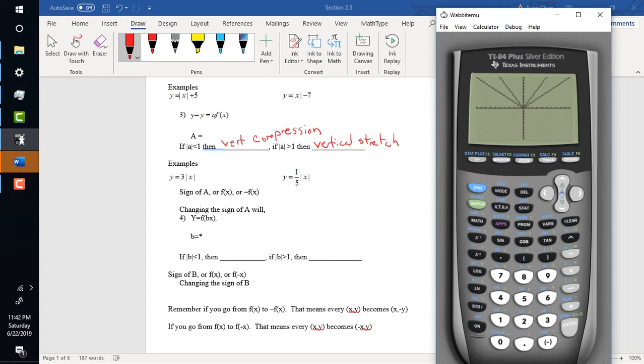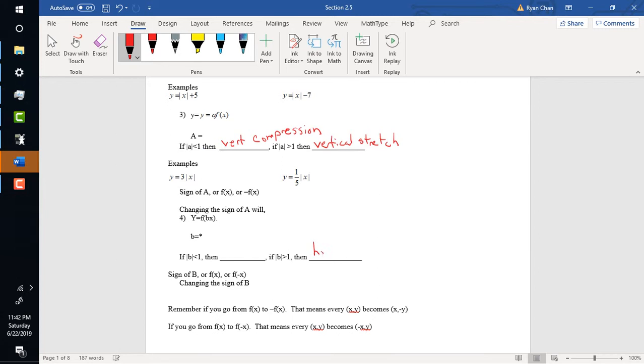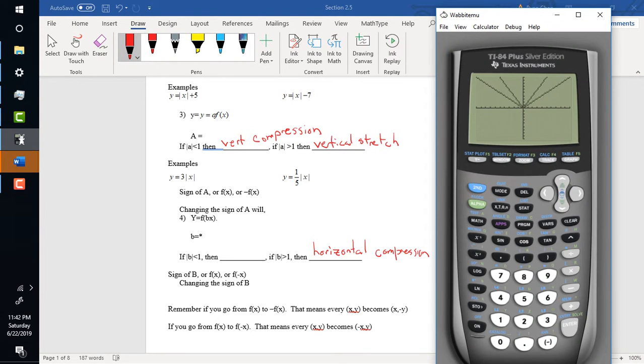In this case we have 2 inside the absolute value, so we have what's called a horizontal compression. My graph gets crushed horizontally. We say it's being compressed by a factor of 2. Remember, compression and stretch are multiplying or dividing, not adding and subtracting.